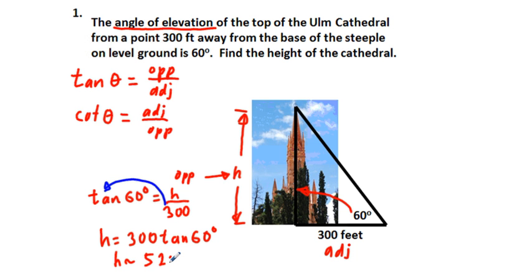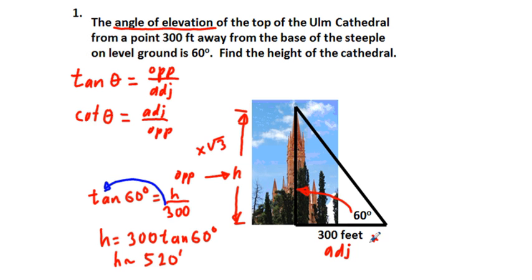Then we look and see if this makes sense. If this is 300 feet in the horizontal, then 520 feet seems like it could make sense. One thing also, this is a special right triangle, since it's a 60 degree angle, 30-60-90. We could have used this side here as x, and the height we could have called x square root of 3.